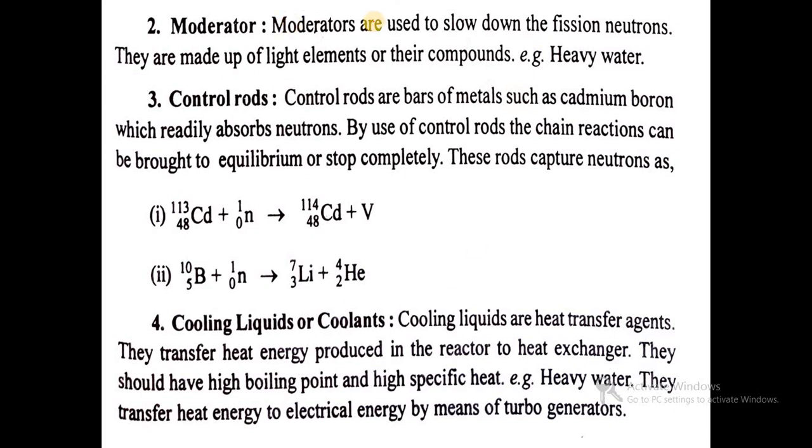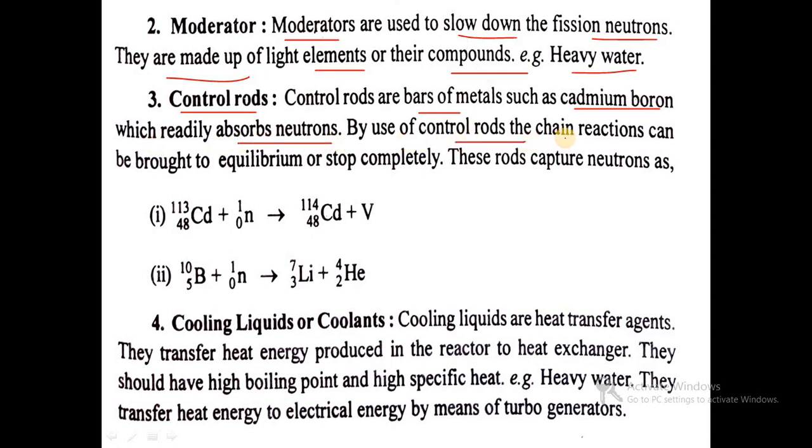So what is a moderator? Moderators are used to slow down the fission neutrons. They are made up of light elements or their compounds, for example heavy water. So heavy water or deuterated water is the moderator. Then what are control rods? Control rods are bars of metals such as cadmium and boron, which readily absorb neutrons.